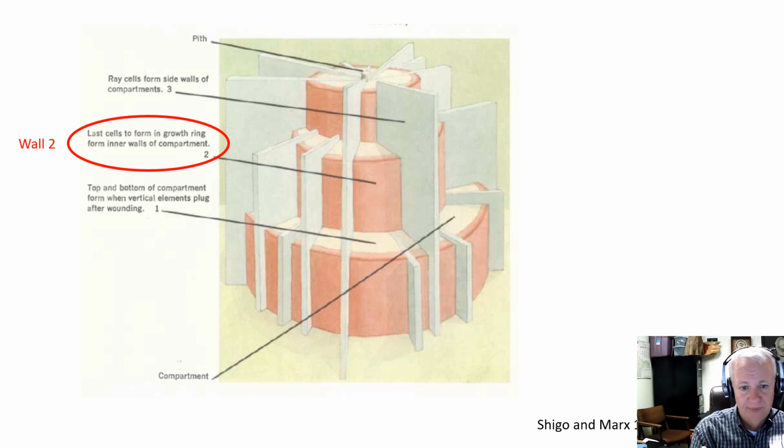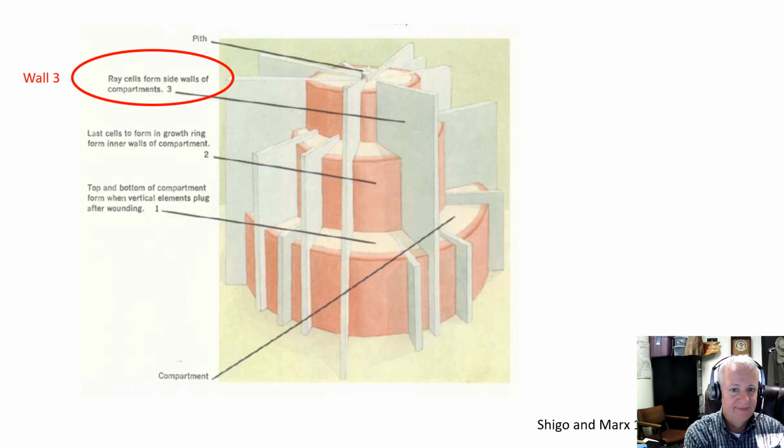So there's some resistance or barrier to movement through those final fiber, tracheids, or vessel elements that are formed at the end of a growth ring, and that forms some barrier to inward movement of decay.